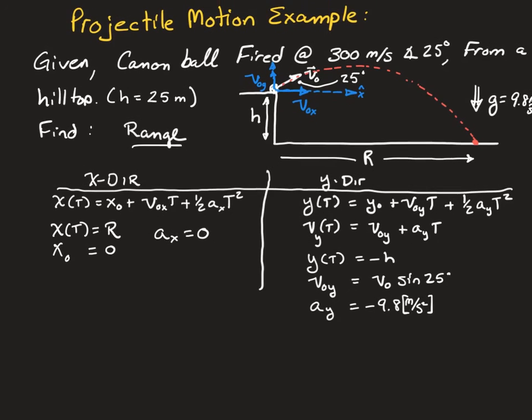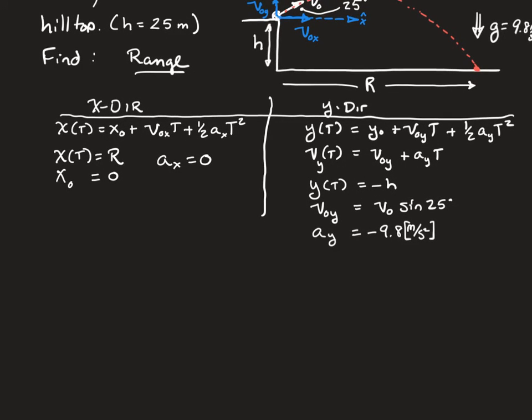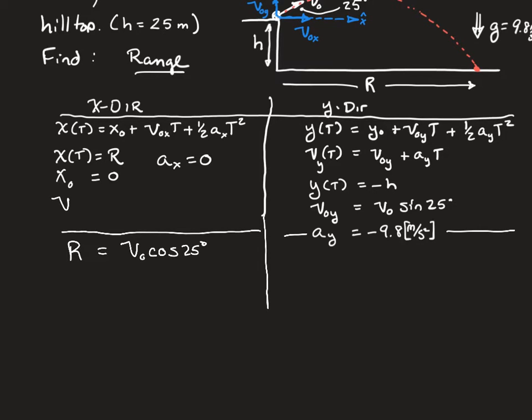So I'm going to roll the page up a little bit, give ourselves some working room. These are things that I've written down that I know, but I'm going to continue on with my table format and start plugging in. So in this x direction, I'm going to have r equals v0 cosine 25 degrees. I forgot that I put that there, but I will now.